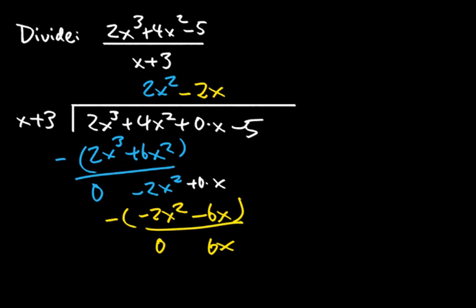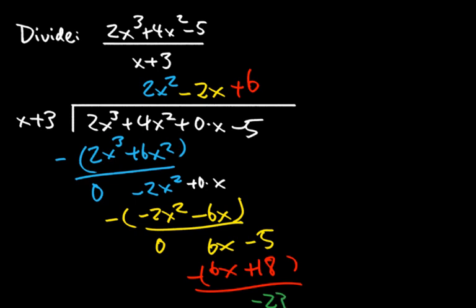What we can do from there then is take down the 5, and then the question is, what do we need to get that 6? Multiply by 6, get 6x plus 18, subtract that, and then what do we get from there? 5 minus 18, we get negative 23 left.